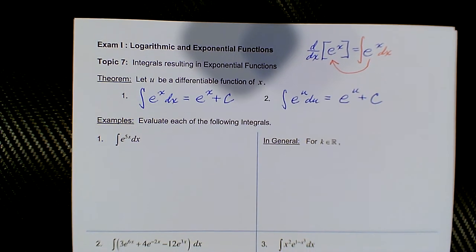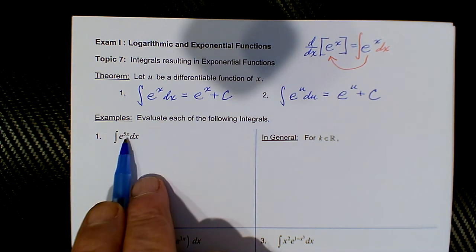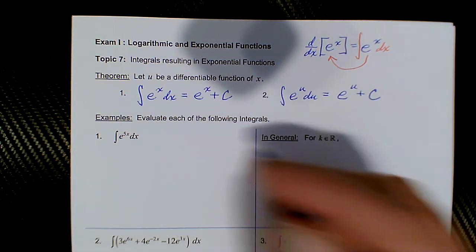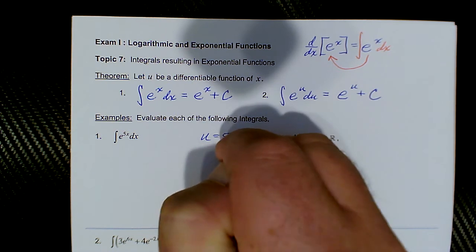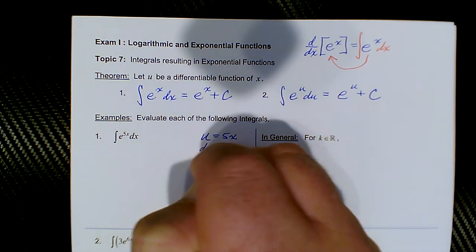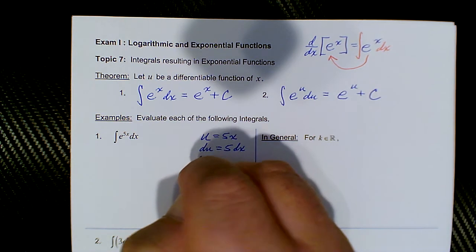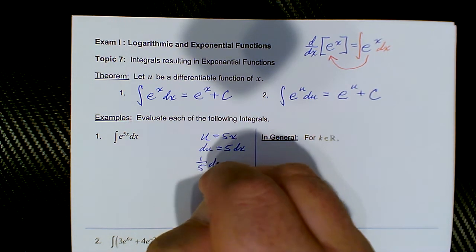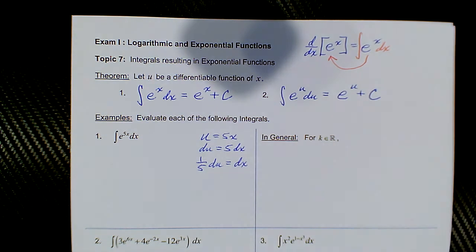And in our first example, something rather simple, because the power on e is linear, but it still requires a u substitution, so we're going to pick u to be 5x. The differential du then is 5 dx, and we modify to get 1/5 du is the differential dx.